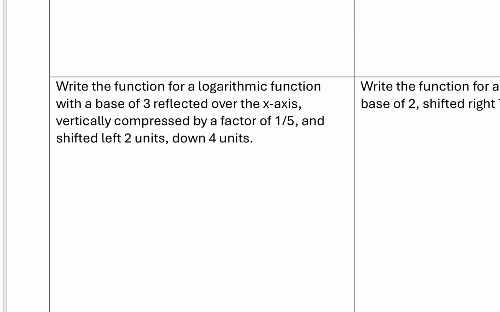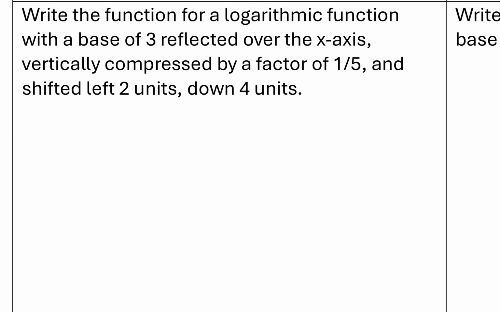Okay. Moving on to the next question, we have to go from a description to a function. We have write the log function with a base of 3 reflected over the x-axis, vertically compressed by a factor of 1/5 and shifted left 2 units and down 4 units.